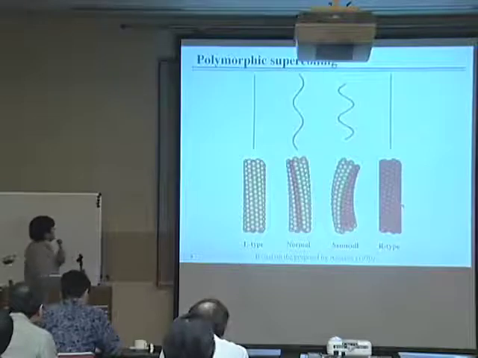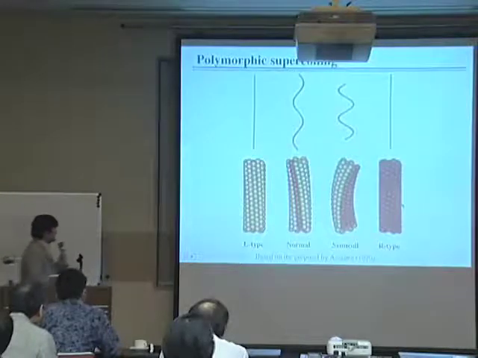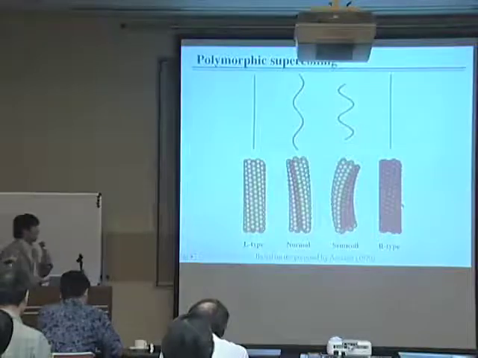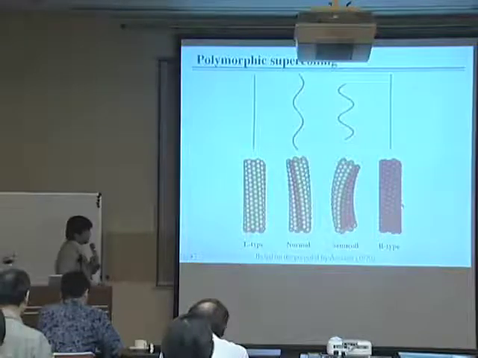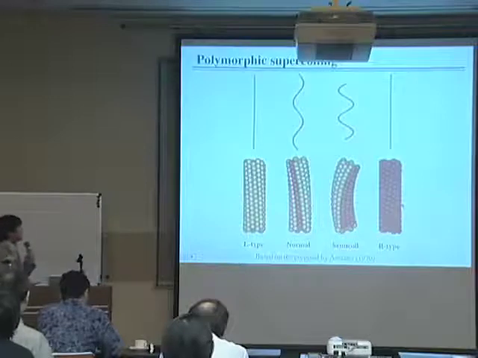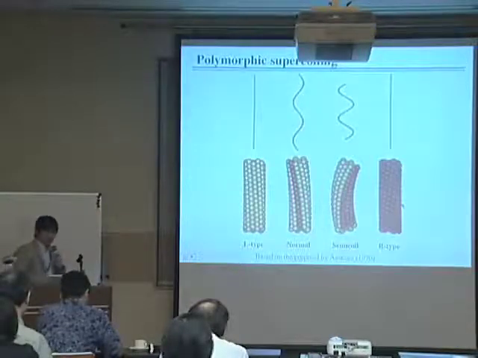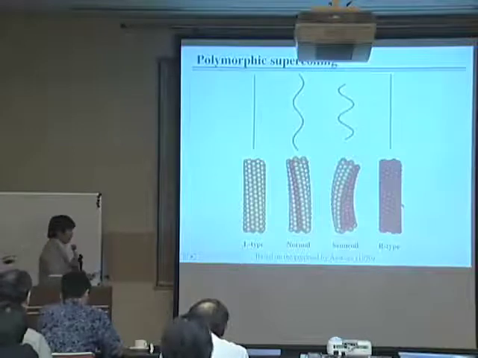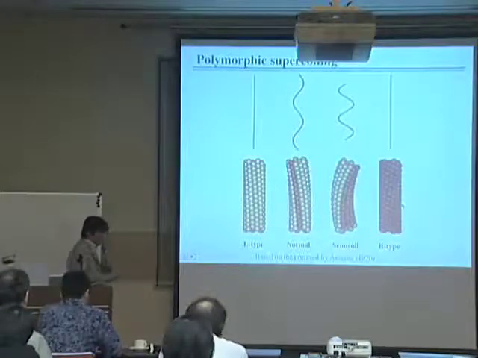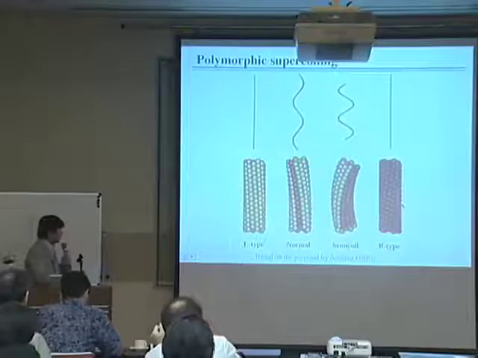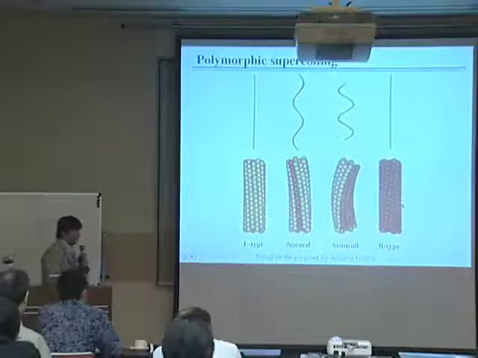Okay, this kind of model was proposed about 40 years ago. It seems to reflect our actual situation, but there was no evidence. According to this theory, you must have two different types of straight filament.